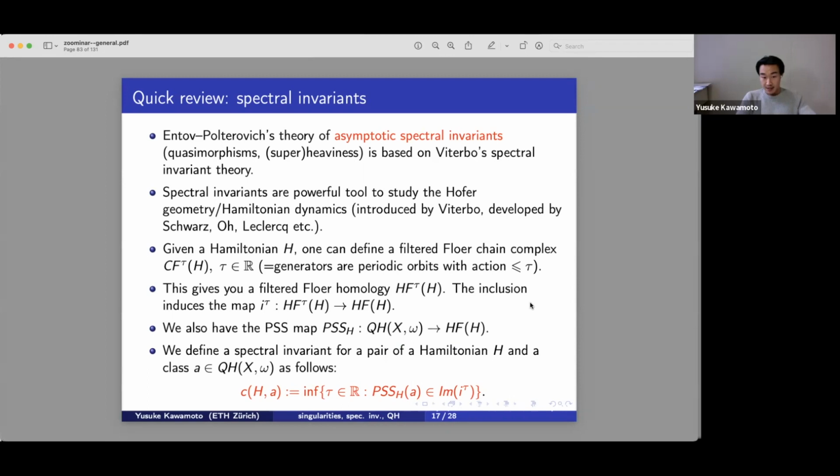It is the action level where you start seeing the class of A corresponding to the Floer group via the PSS map. Okay, it's a certain real number.